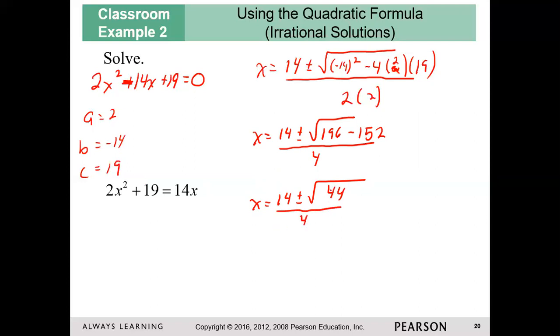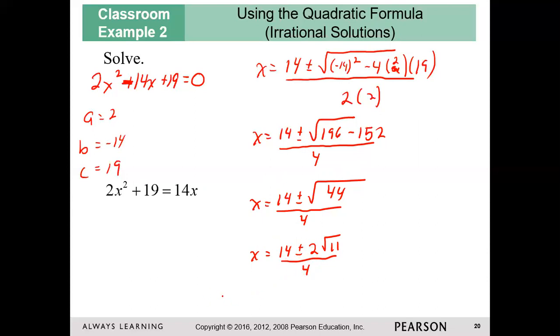And this is definitely not a perfect square, but there is a perfect square factor in here, so we've got to take that out. So we get x equals 14 plus or minus 2 radical 11 over 4. And we're really, really close to being done. All we have to do is split this up and then simplify these factors of 2.